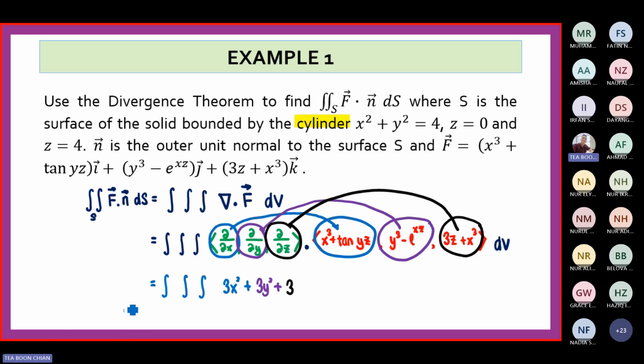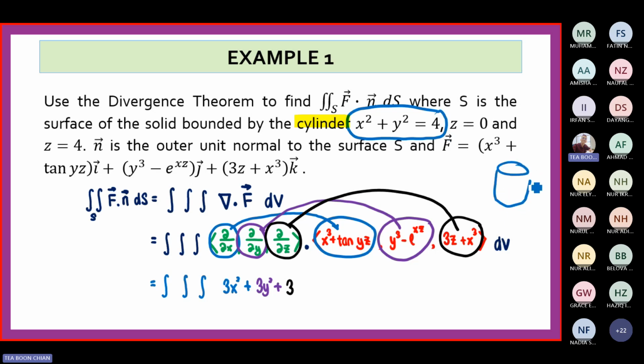The triple integral that we consider here is a cylinder. All right, look at the cylinder. You have x squared plus y squared equals 4, which means this is the circle on the cylinder. This is the circle equation. Yes, cylinder has a circle.